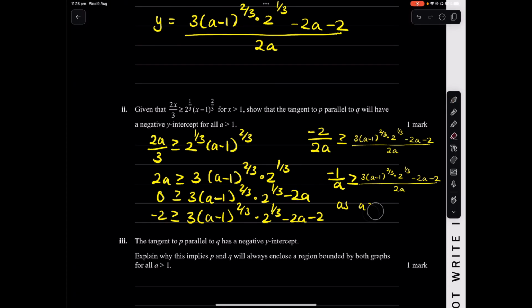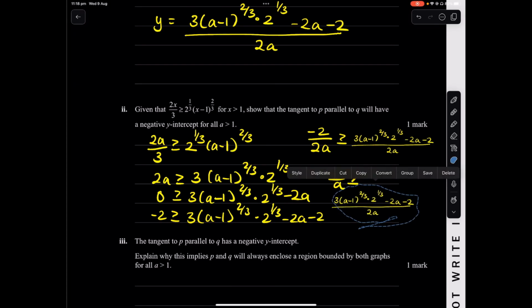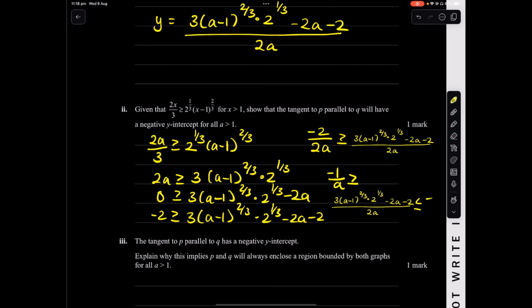Okay, this is not one nice way. What about we just switch them around? So we bring this over here, and we switch the signs and put negative 1 over a. Doesn't that make more sense like this?